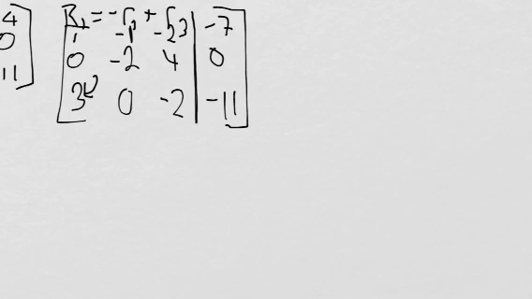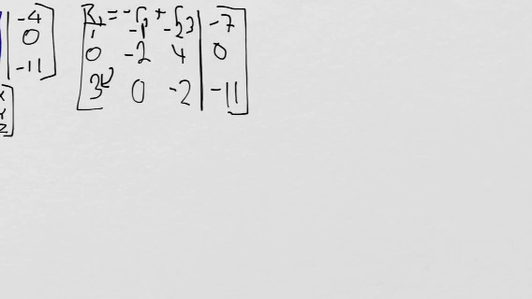Because we're changing row 3, let's call it R3 equals, so I see what we can do. Row 3 plus negative 3 times row 1.